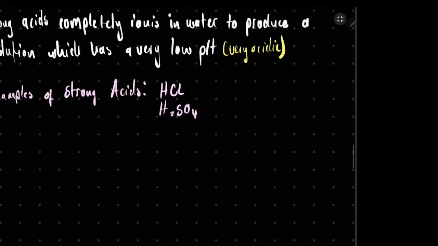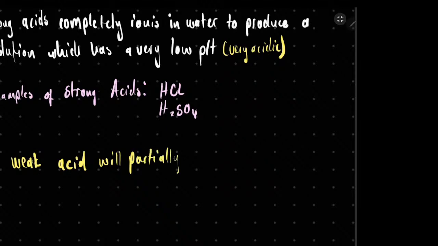On the other hand, skip a line and say, a weak acid. I don't want to see cats and dogs. I'm explaining to you the weak acid, so surely you're not forgetting this. A weak acid will partially ionize in water.